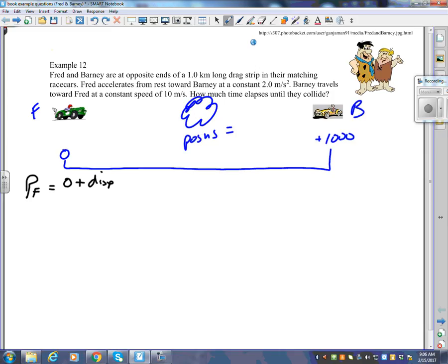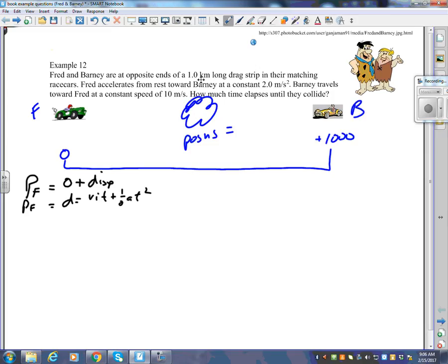Fred's position is the position 0 plus his displacement, and he is accelerating. I can just do displacement. So that's equal to D, which is equal to VIT plus 1/2 AT squared. Fred's position is his displacement, which is equal to VIT plus 1/2 AT squared.